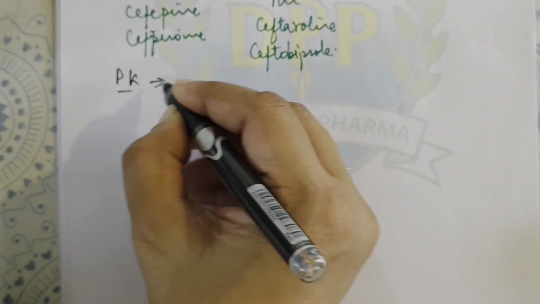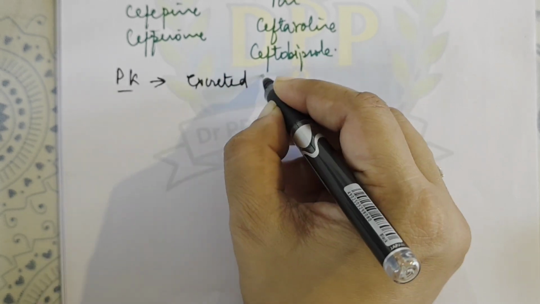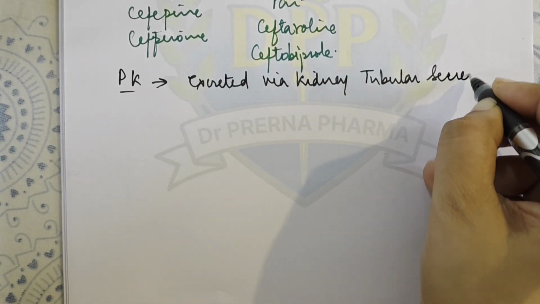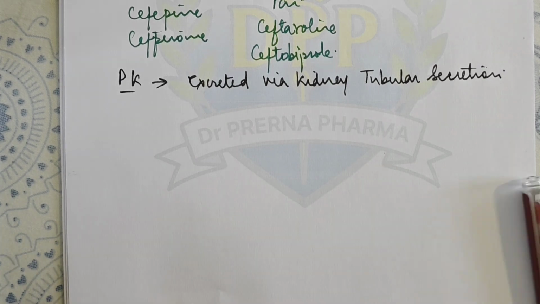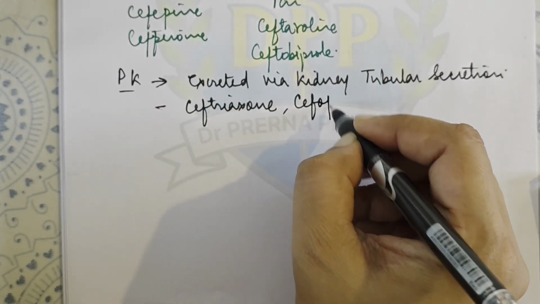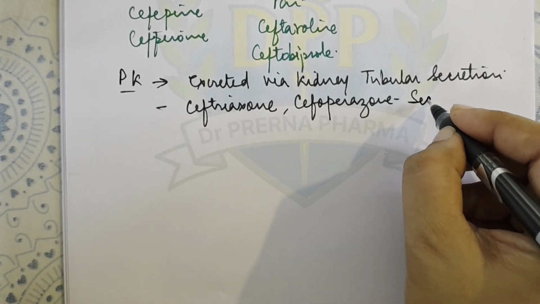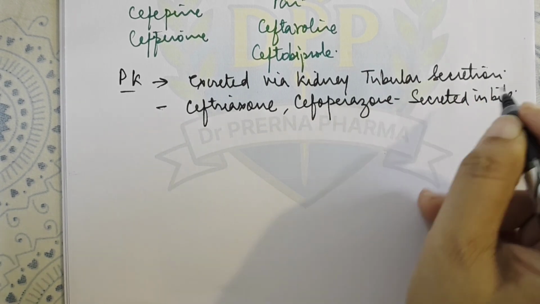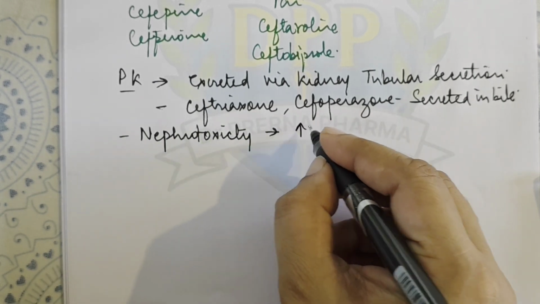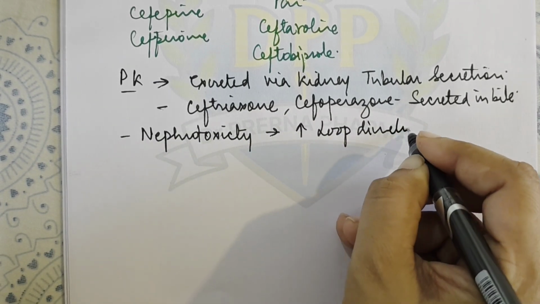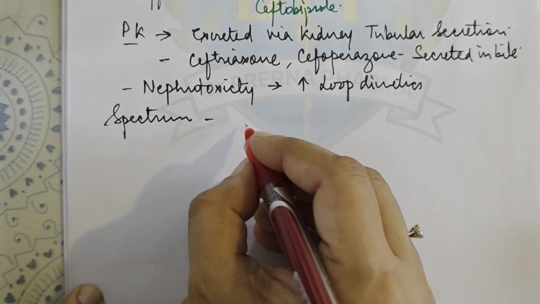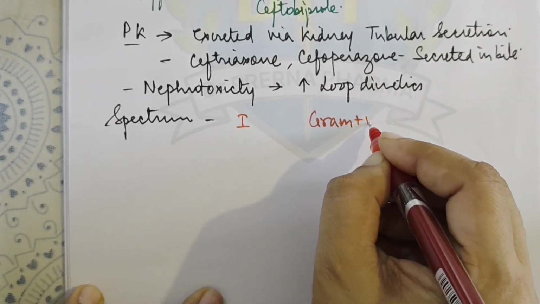Coming to the pharmacokinetics part, they are excreted via the kidney through tubular secretion. Then ceftriaxone and cefoperazone are secreted in bile. Nephrotoxicity of these drugs is increased with loop diuretics. What is the spectrum of action? The first generation compounds are effective against gram positive cocci.